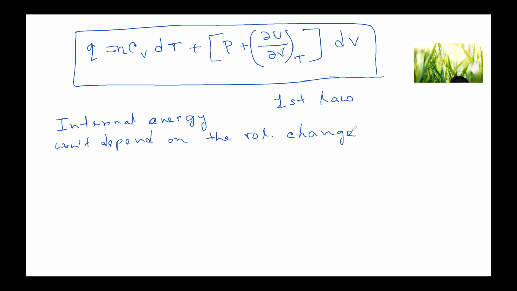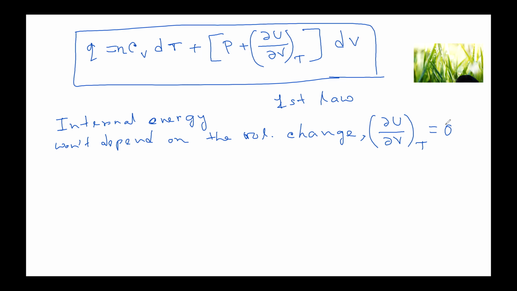In that case, (∂U/∂V) at constant T equals 0, because U is independent of the volume change.